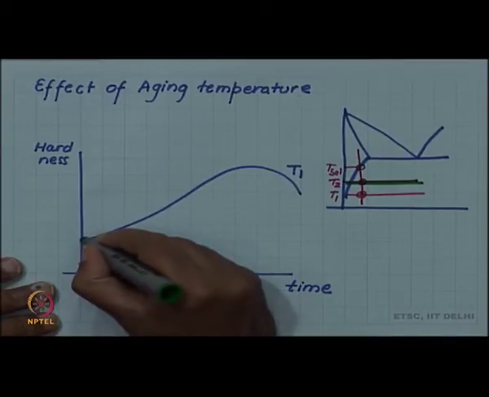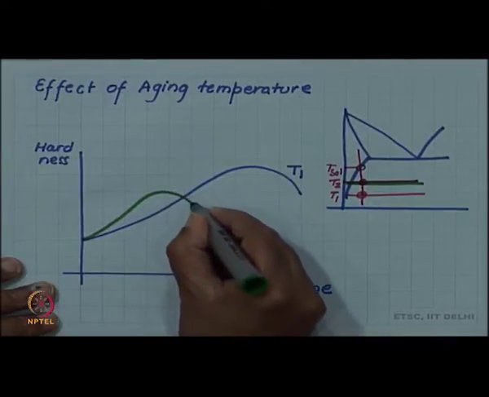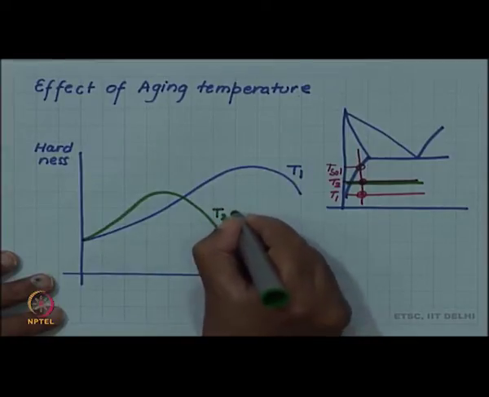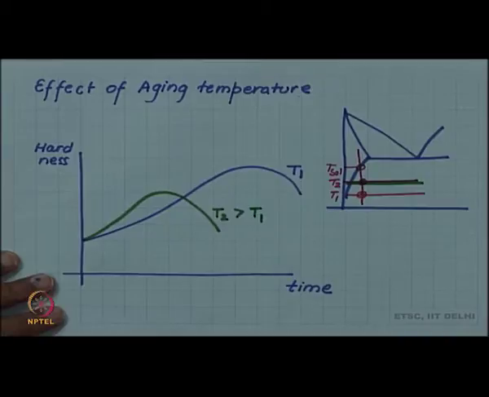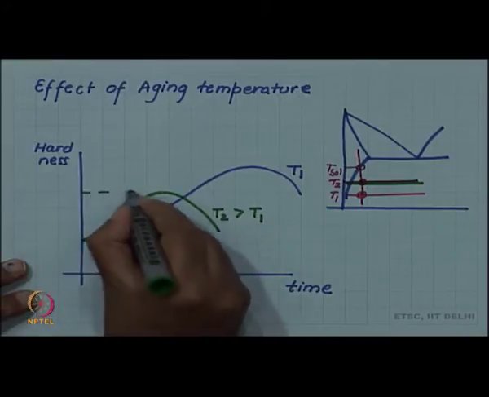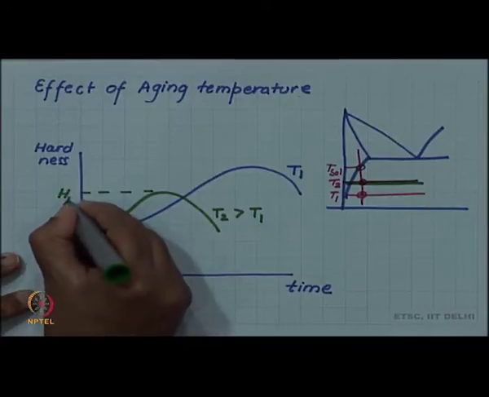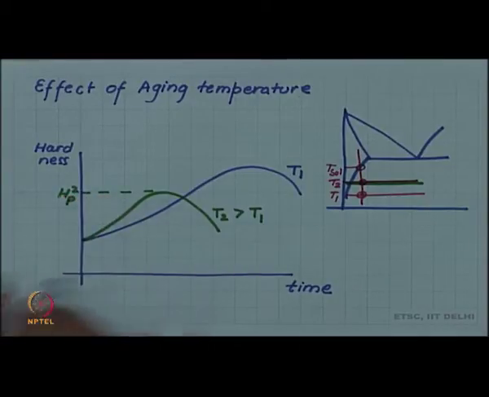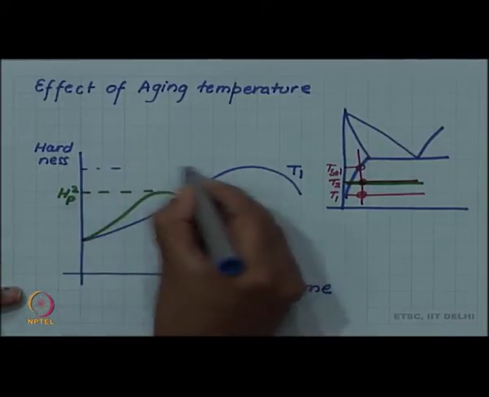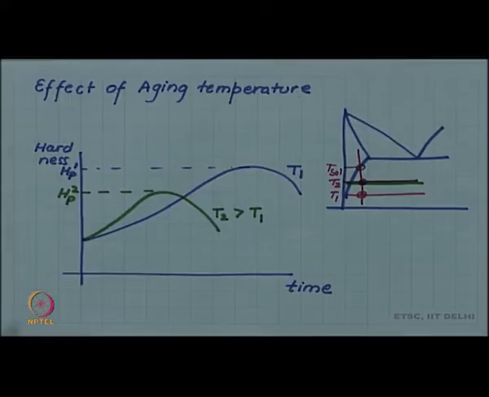If I age at higher temperature, you will find that you are reaching a peak hardness at a shorter time. So, I have T2 greater than T1. Peak hardness is reached in a shorter time, but at the same time the value of peak hardness has also reduced. So, HP2 is less than HP1.